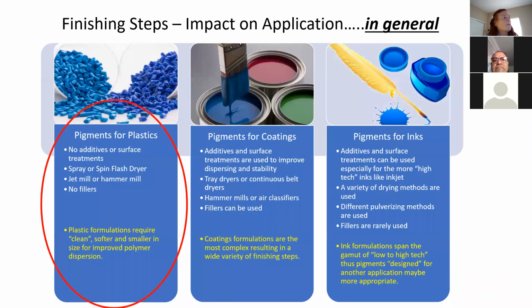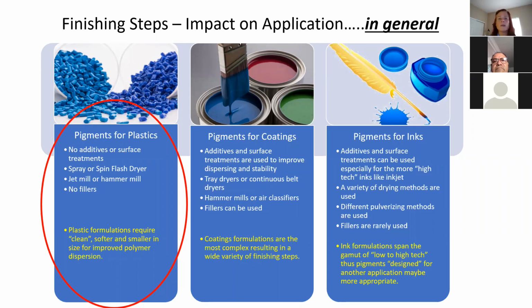So with regard to the pigments for plastics, when Sudarshan develops pigment colorants for plastics, we really try to keep them as clean and as easily dispersible as possible, because the residence time in the plastics application process is very short.